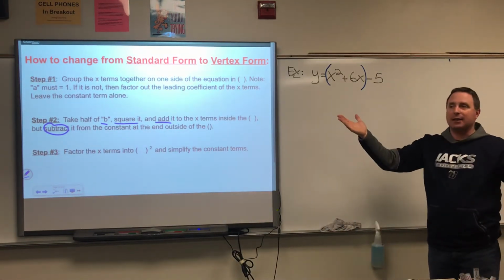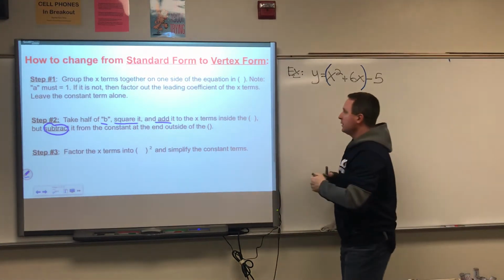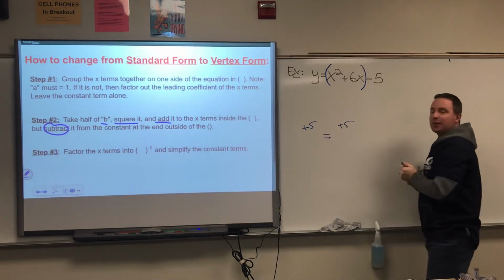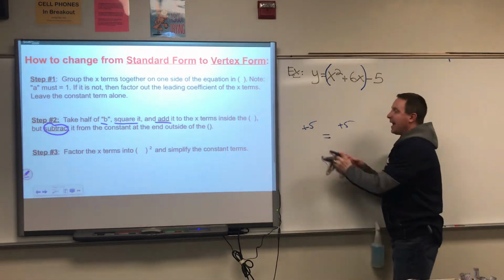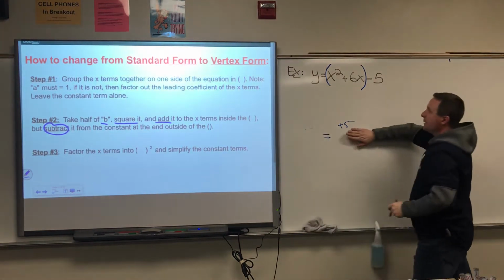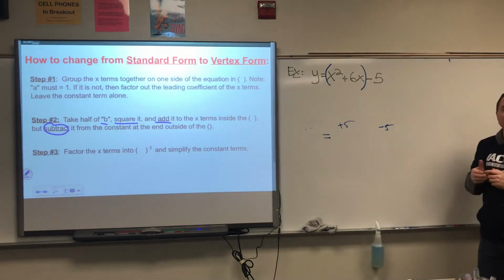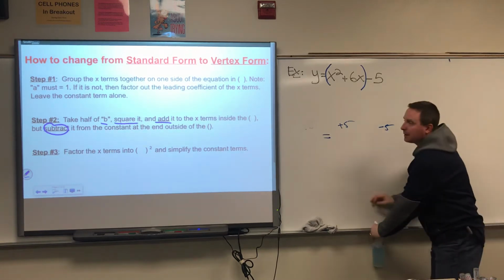We add it here and subtract it here, but think about this. If I have an equation and I want to keep it balanced, and I add 5 to this side, I have to add 5 to that side in order for it to be balanced. But the way that this is working is, instead of adding it to both sides, I'm going to add something here, but to keep it balanced, I have to subtract it at the end. So I add it, but then I'm going to subtract it. And that's what's going on here in step number 2.